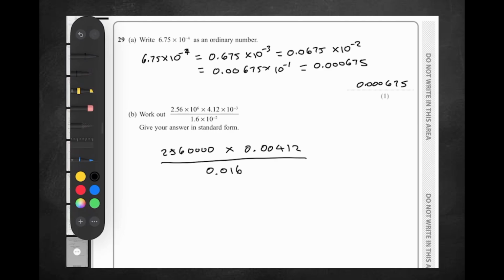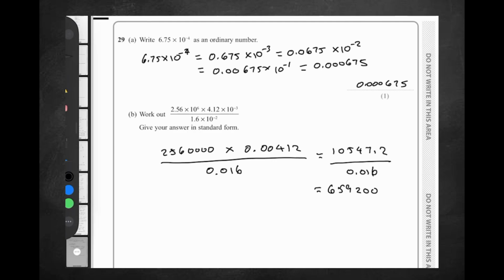Then I put that top thing into my calculator, 0.00412, and we get 10547.2 divided by 0.016.